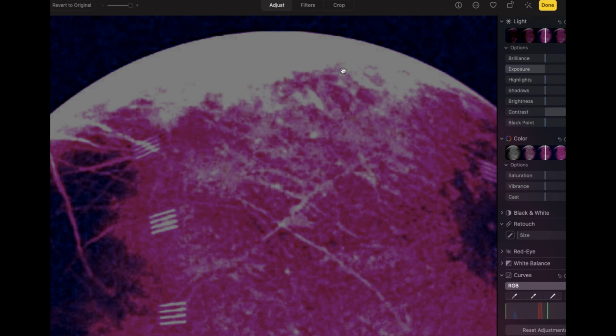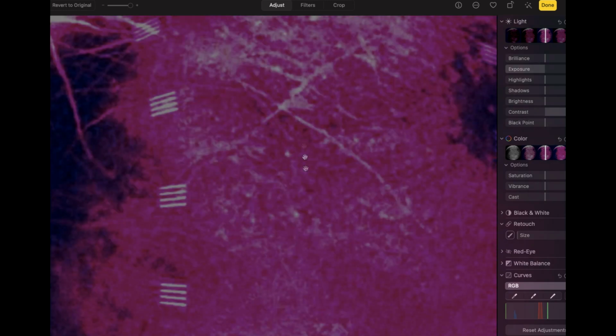There's definitely intricate patterns on Europa.